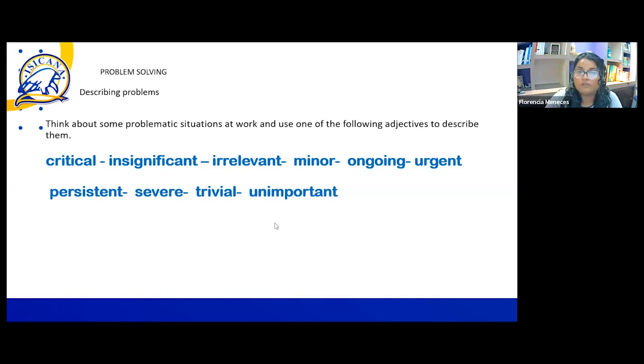Maybe that's going to be one that we need to use. Okay, so these are the adjectives that we need to focus on and to use while describing our situations at work.